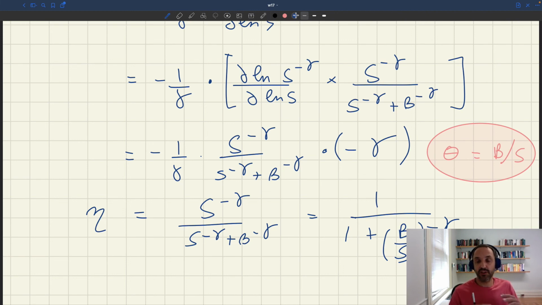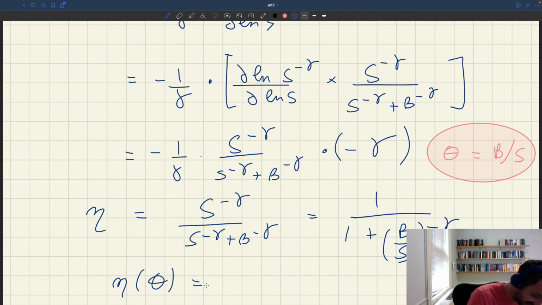So in general, we know that the trading probabilities, selling probability, buying probability are functions of the tightness, but with the CES matching function, the matching elasticity is also a function of the tightness. So in fact, eta is a function of theta, the market tightness, and it's 1 over 1 plus theta to the power of minus gamma.